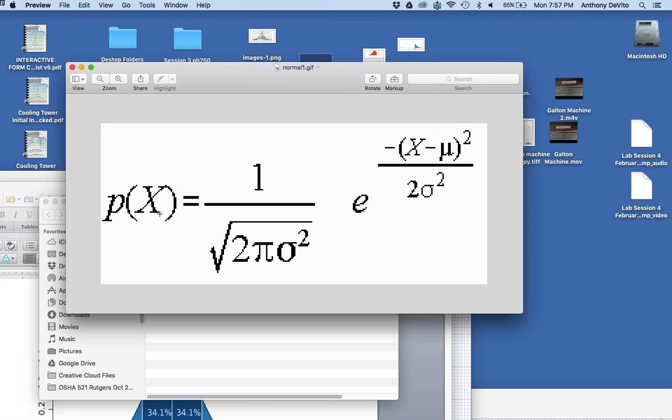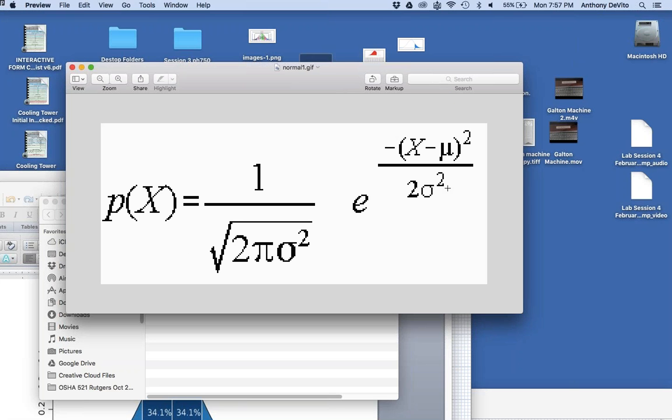And if you wanted to know the height of that point, where that line is above the axis, you would put in here 2 pi times the standard deviation squared, times e, which is the natural logarithm base, 2.7 something, to the minus x minus mu squared over 2 times the standard deviation squared.